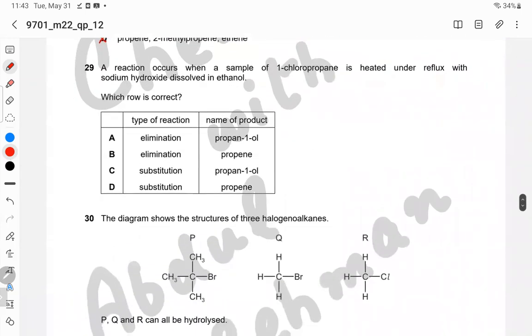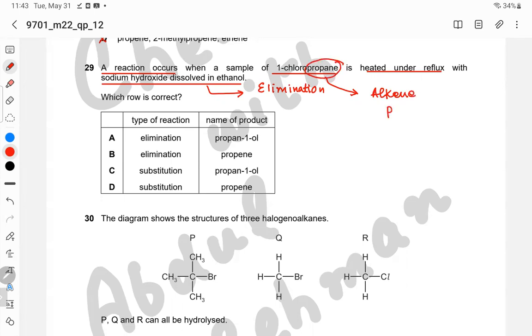Now question number 29. A reaction occurs when a sample of 1-chloropropane is heated under reflux with sodium hydroxide dissolved in ethanol. And if it is dissolved in ethanol, then it means it's an elimination reaction. Whenever elimination takes place, it must be converted into an alkene, and here it is a propane, which means I am going to get propene as a product.